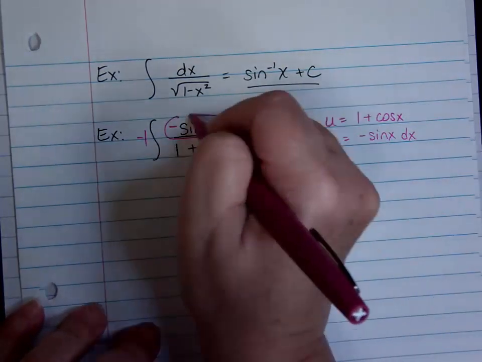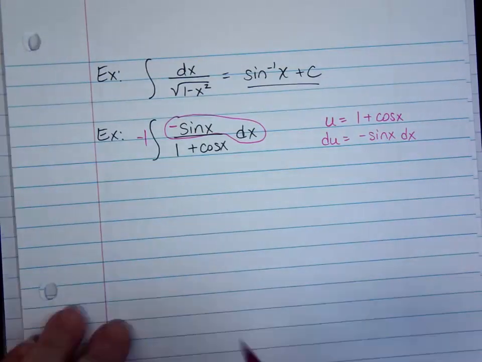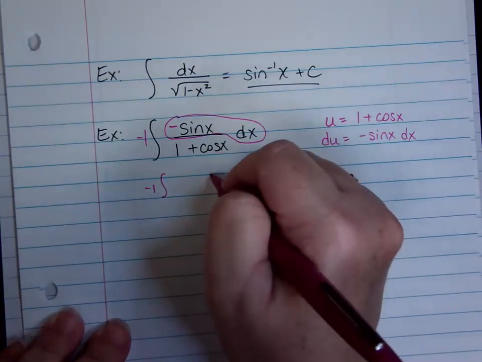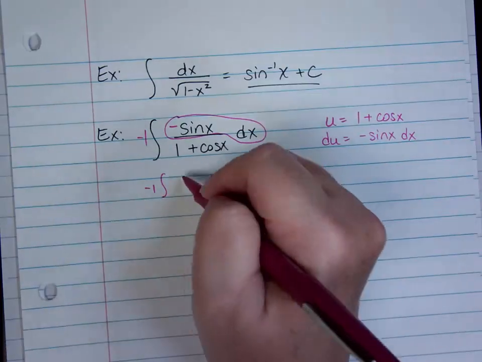There's my du. So now we have negative 1 integral du out to the side. What is everything else? Is it just u? It's 1 over u. Do you see that the u is in the denominator, remember? So this is 1 over u.